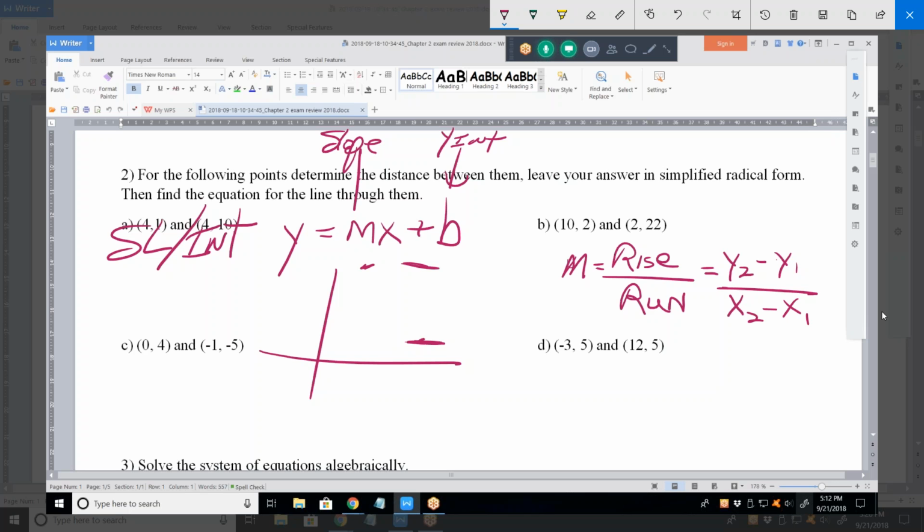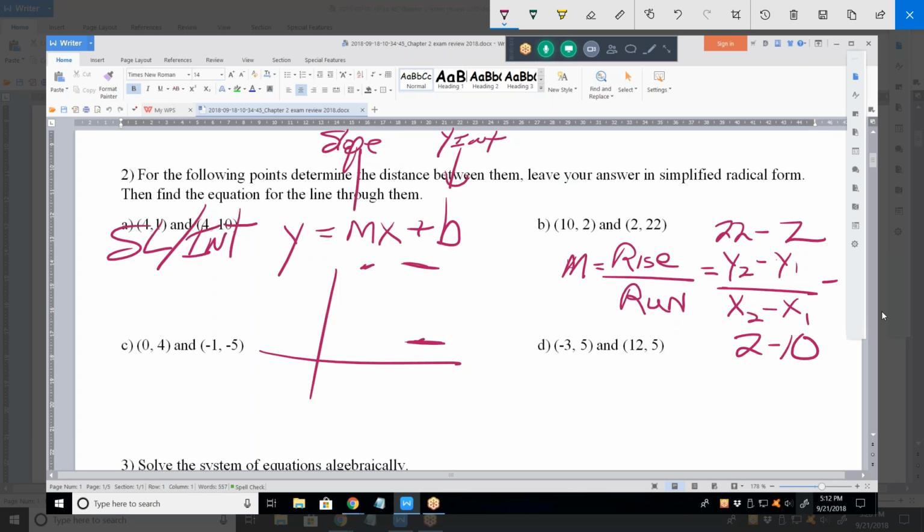What's the slope here? Just plug in numbers for starters, but don't try to do all the math. What's y2? 22. And then 2. And x sub 2? And then it's 2 minus 10.